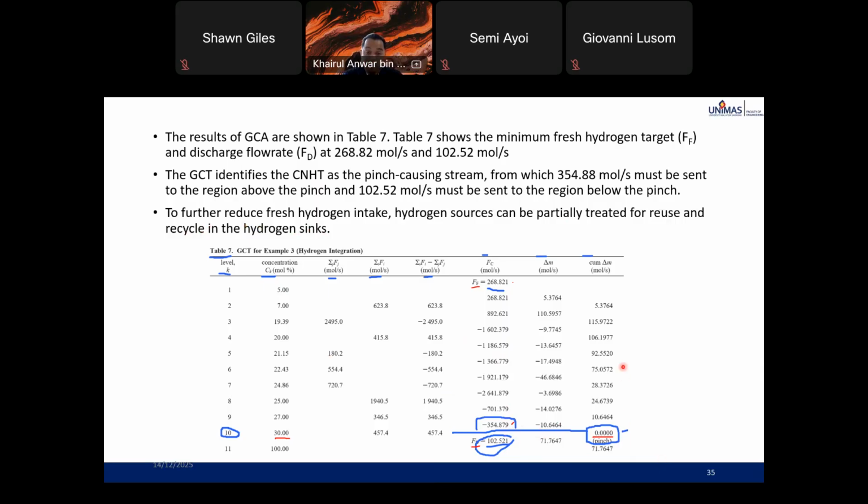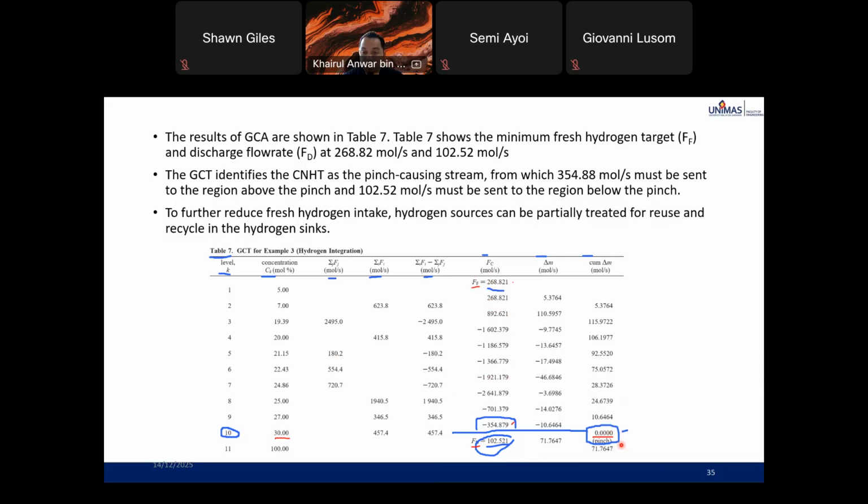So in order to do this, we need to start with concept from zero. Identify the largest negative, the highest value with negative value, then choose that value for the fresh feed, fresh flow rate. Then redo the cascade table.